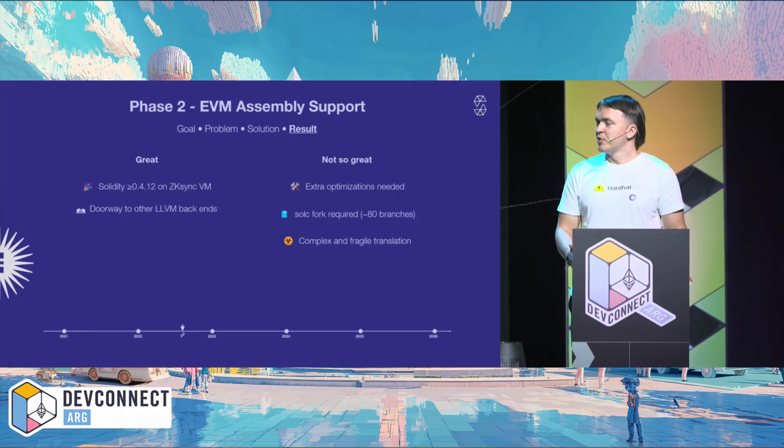However, we finally supported all Solidity versions on the ZK Sync VM, and they all could now be compiled to other targets in LLVM, just like Yule before.